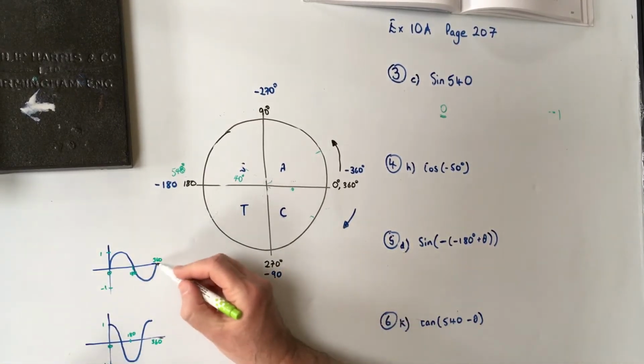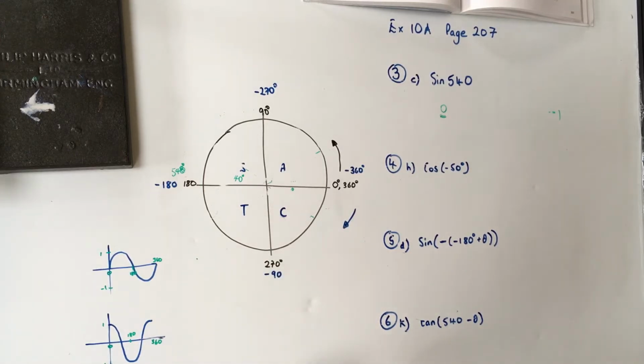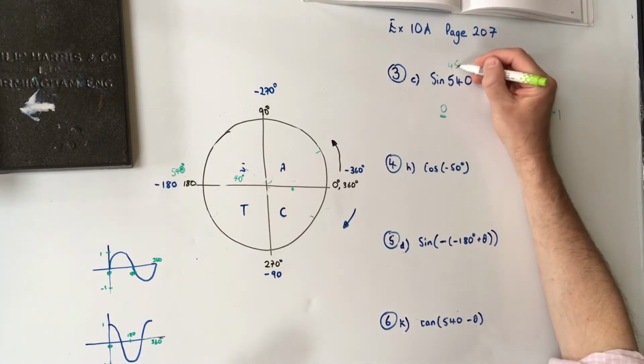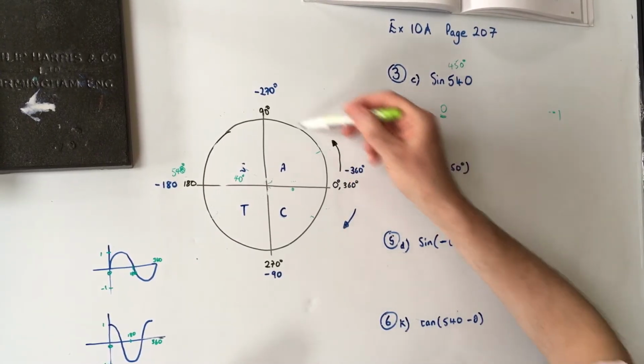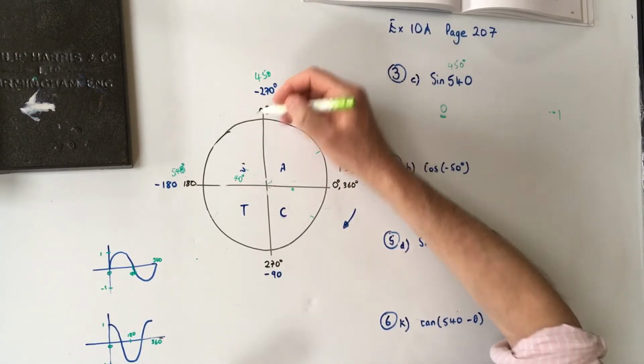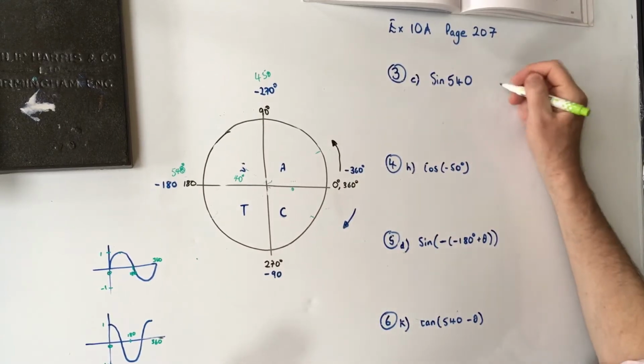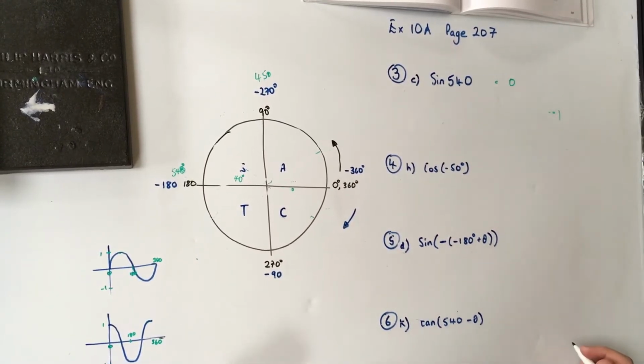If I carried on going to 540, I'd come back to 0. Had it been the sine of 450 degrees, I would have gone round 360 plus another 90, the same as 90 degrees, and you could see that would have been 1. So that one is just 0.